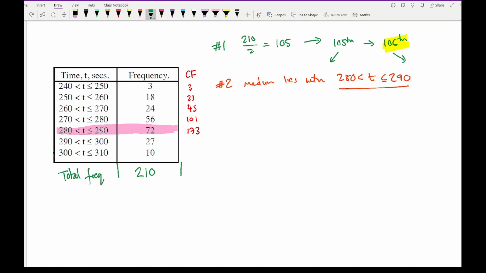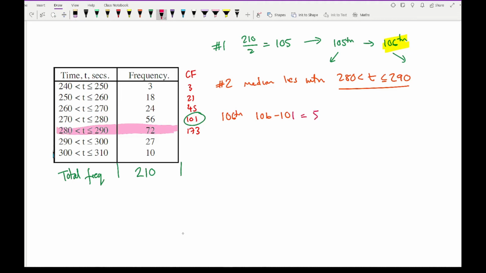So here what I'm going to do is, to find the 105th number, I'll actually go for 106. I said that was the one I was going to do. So the 106th number is going to be 106 take away 101, sorry, these are my own numbers, not helpful on a tutorial.